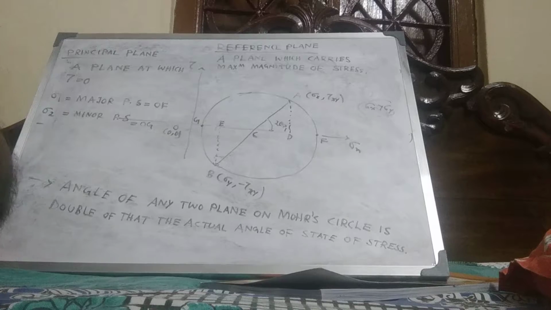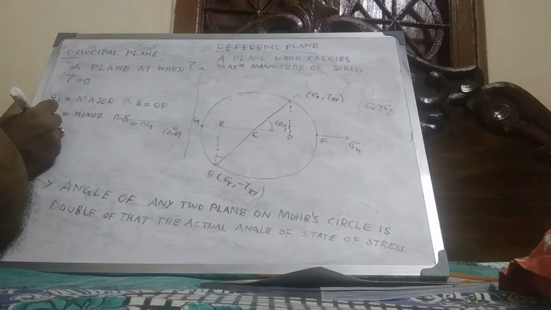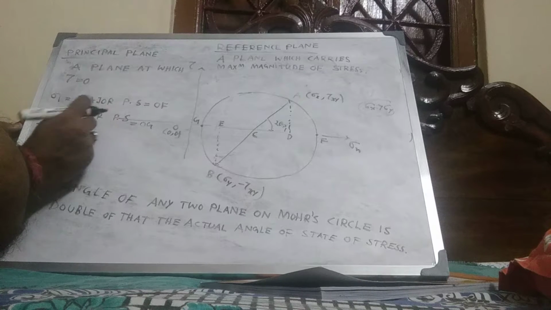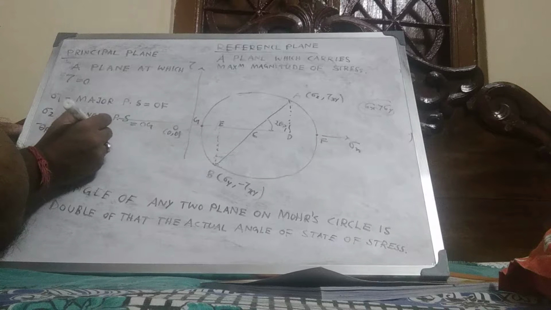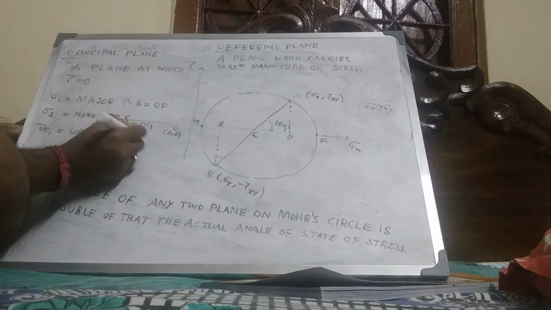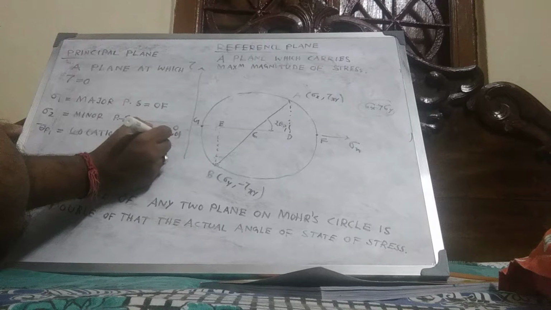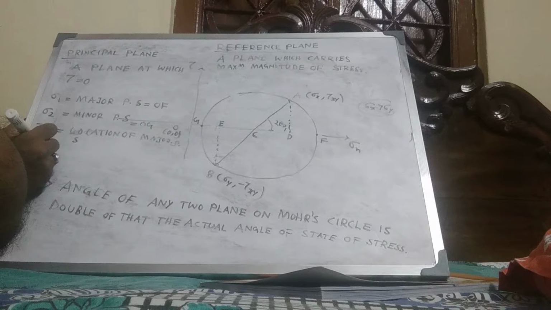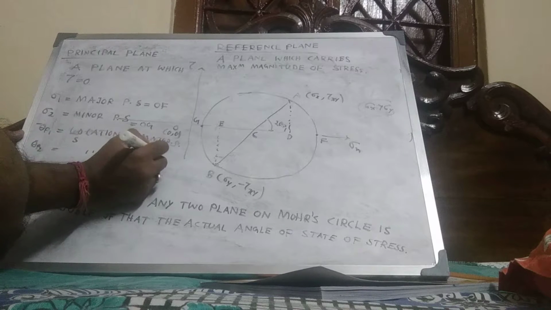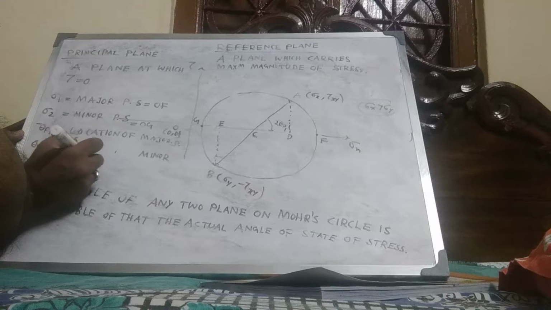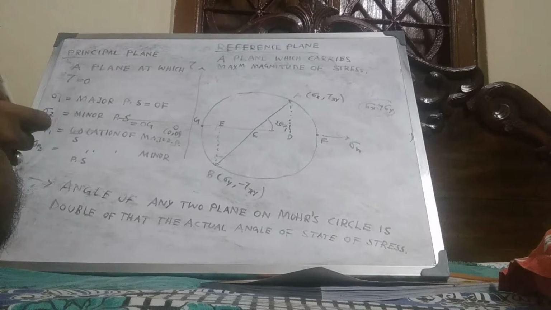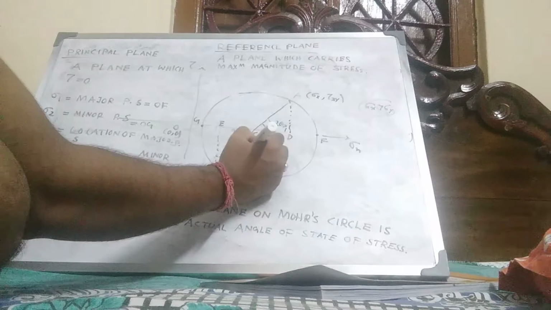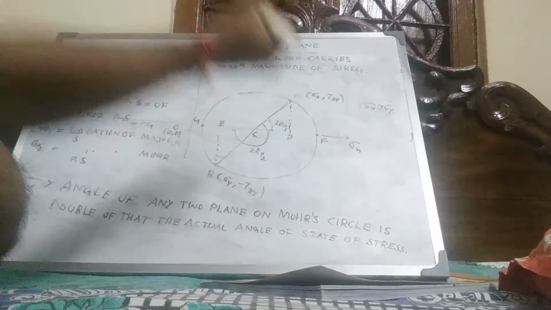Actual angle of stress is theta, and on the circle it is 2 theta. Theta p1 equals the location of the major principal stress, and theta p2 equals the location of the minor principal stress, shown as 2 theta p2.